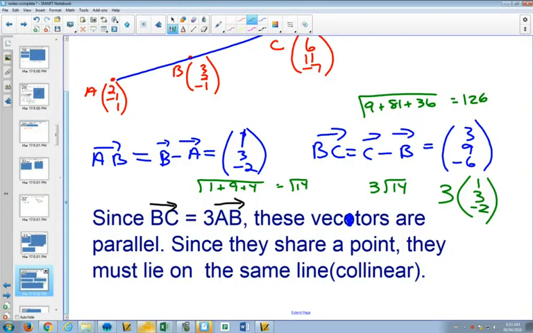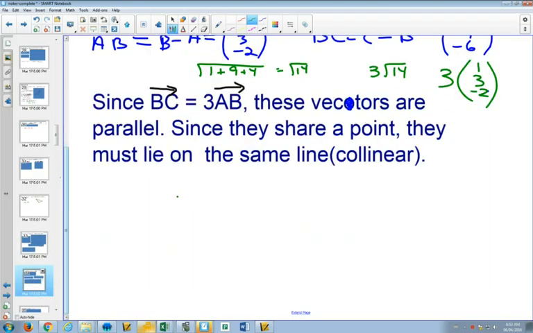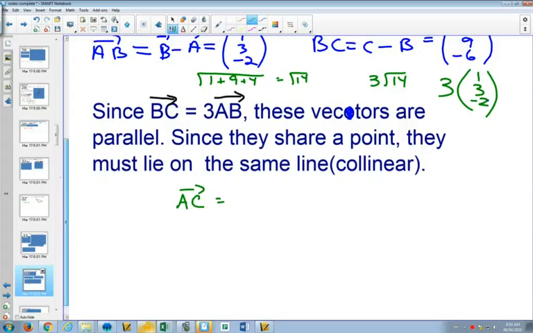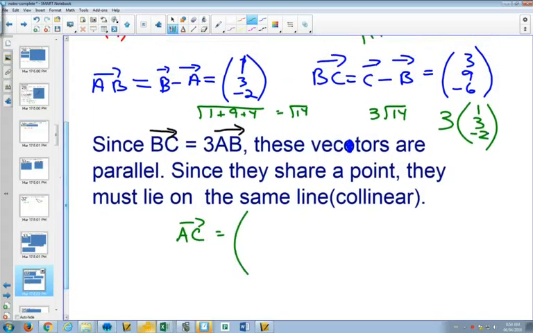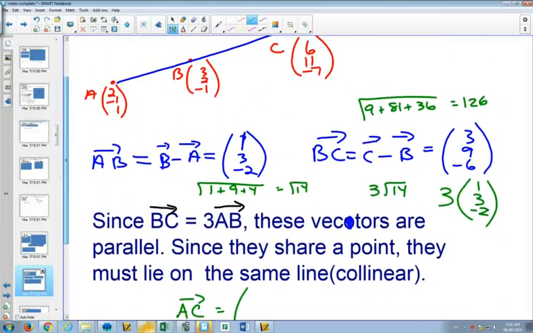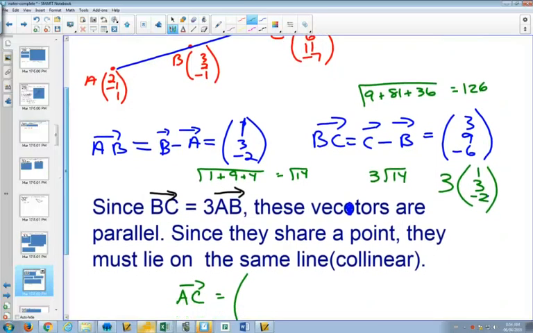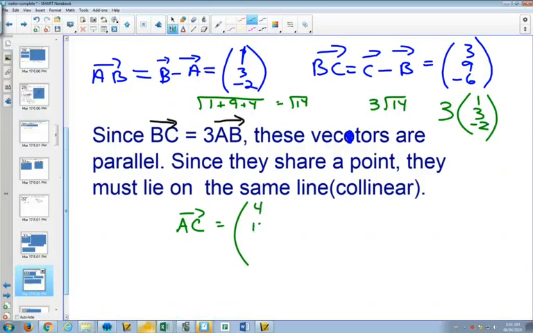And if you figured out from A to C, that vector is going to be 4, 12, negative 8, which is 4 times 1, 3, and negative 2.